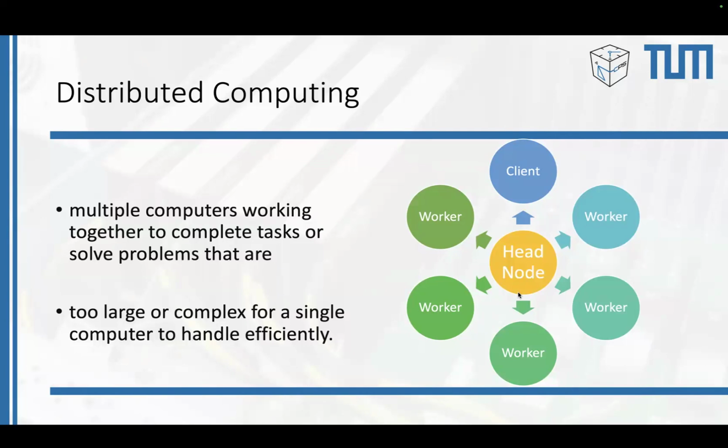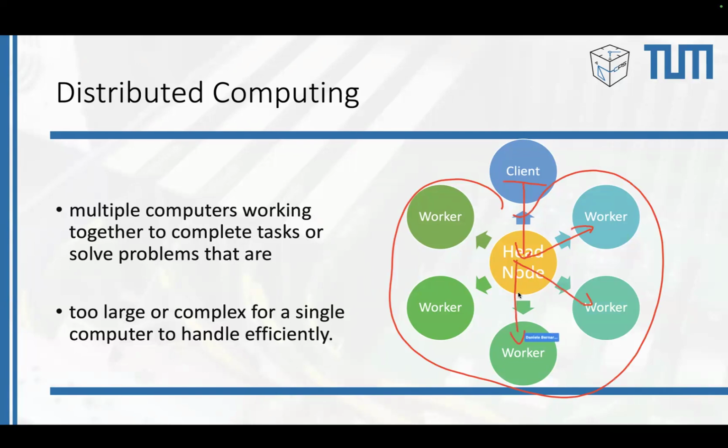The typical process is that your client schedules some task on one particular piece of the cluster. This is what we call a cluster, right? The head node of this cluster distributes your task on the available workers that it has to complete your task, collects everything, and then sends it back to your client, right? So this is what you usually want to do.